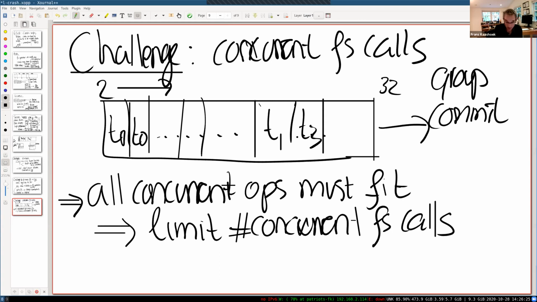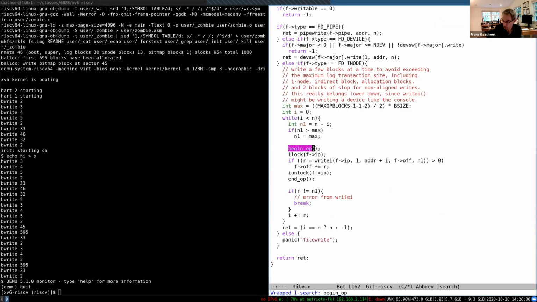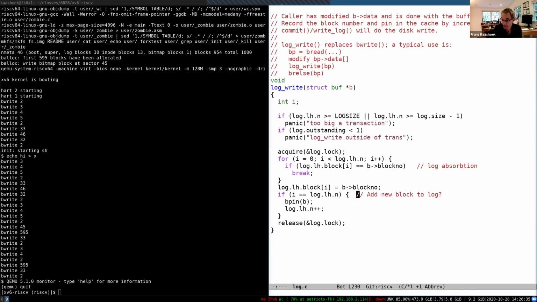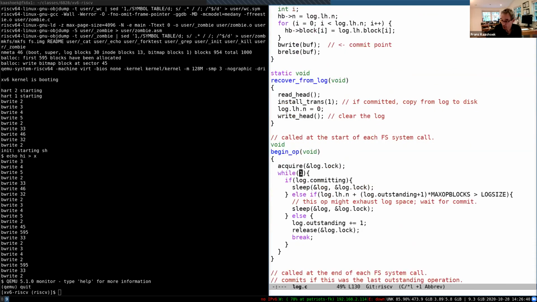Okay, I just want to go back to one more thing and look at begin op, which I talked a little bit about but said I didn't want to talk about right now. So here's begin op. First of all, if we're already committing the log, we just wait until the log has committed, because we can't write to the log while the log is being installed.